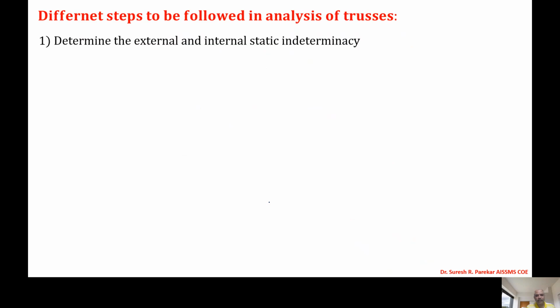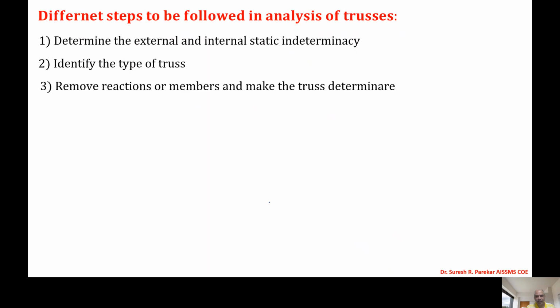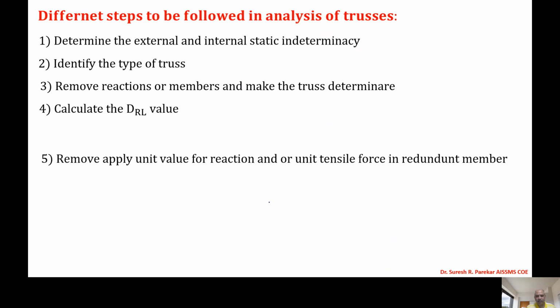Now we have steps we have already seen. Determine the external and internal static indeterminacy, identify the type of truss, remove reaction or members and make the truss determinate, and calculate DRL value. Whatever problem we are going to solve, we require DRL equal to summation PKL upon AE.